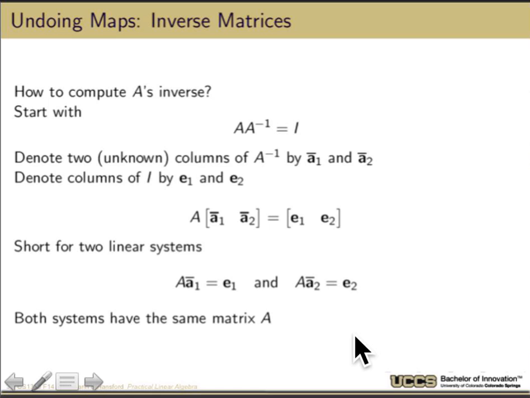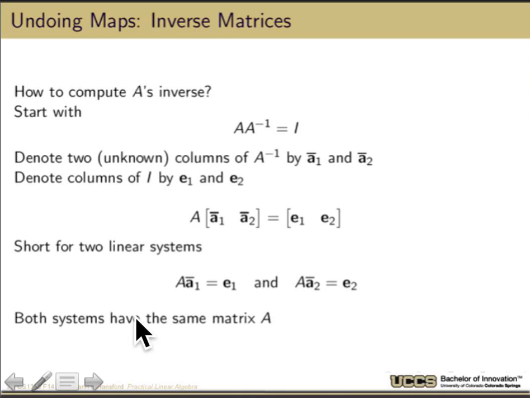So how do we compute A's inverse? If we start by thinking of this as A A inverse equals the identity matrix, we denote the two unknown columns by A1 and A2, and the columns of I by E1 and E2. Setting up the equation A times this matrix equals that matrix is really shorthand for two linear systems: A times A1 equals E1 and A times A2 equals E2.